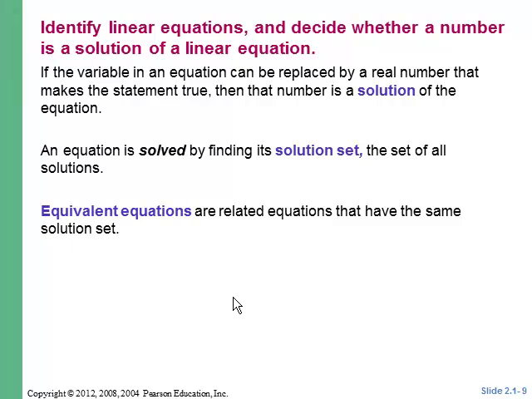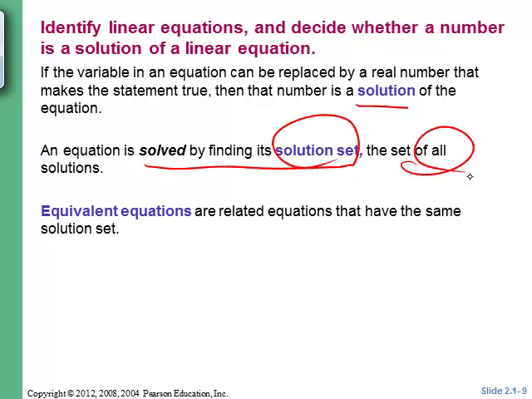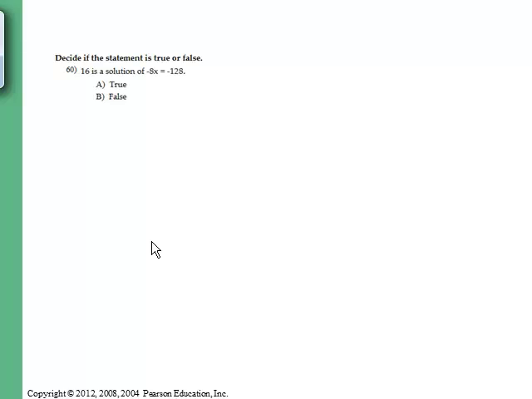Okay, so once we know that we've got an equation, then we know that we can solve it. An equation is solved by finding its solution set, or all the numbers that solve that equation. We do it by making equivalent equations, ones that have the same solution set. Here's an example of an equation.